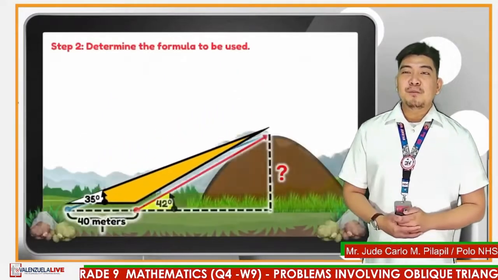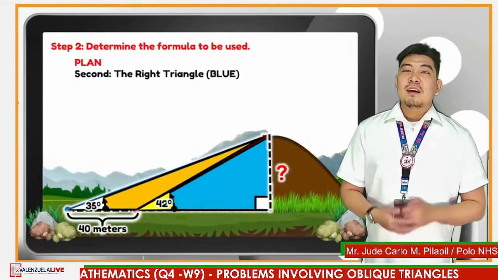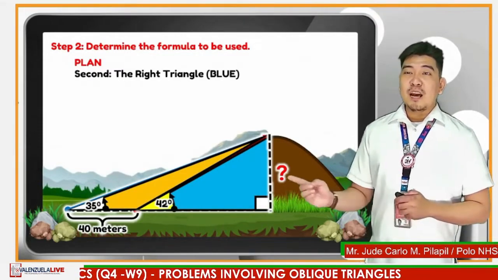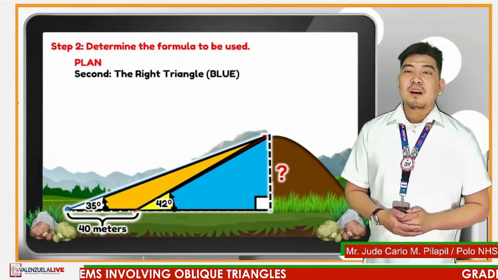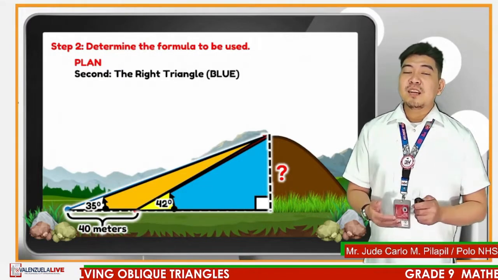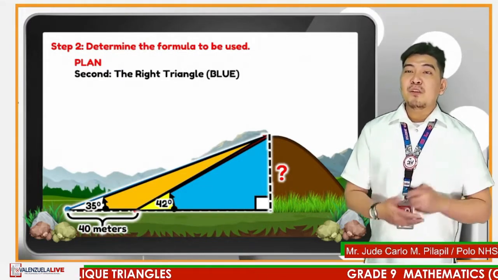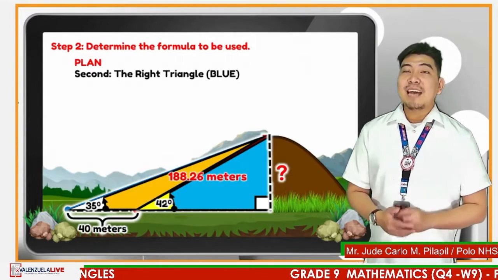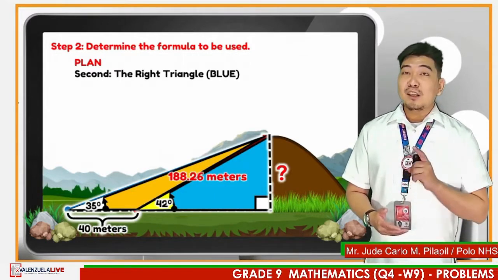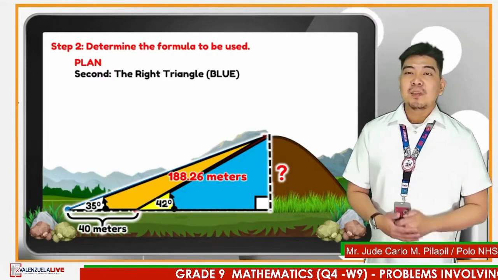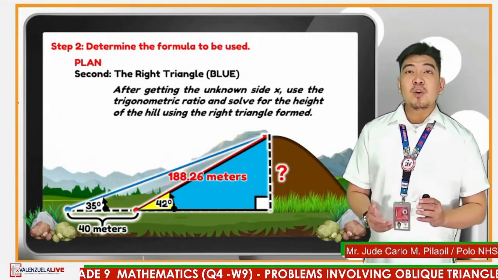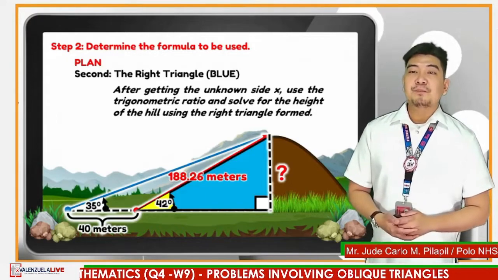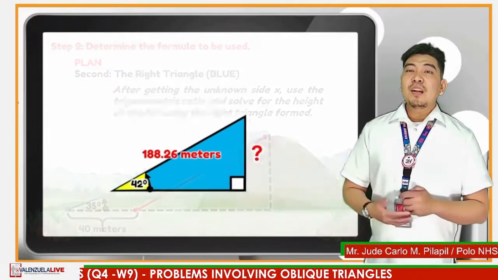Step number 2. Let us consider the right triangle described by the blue triangle here. We computed the distance of Sarah to the peak of the hill, or the variable x, as 188 and 26 hundredths meters. At this point, let us use the trigonometric ratio to solve for the height of the hill.